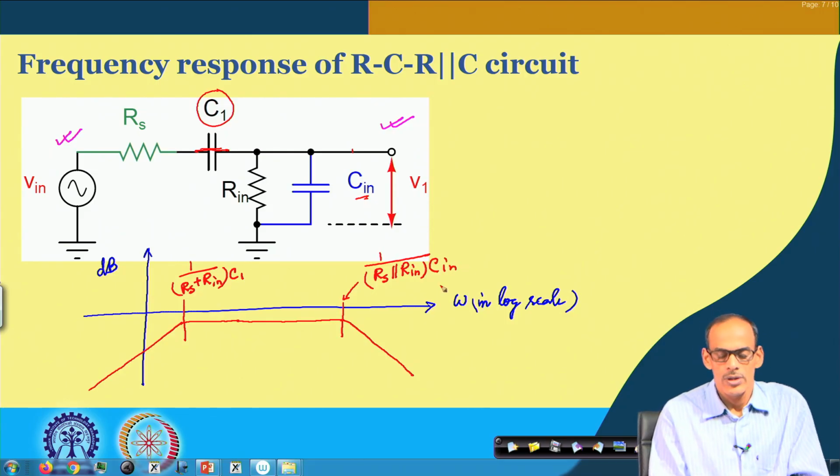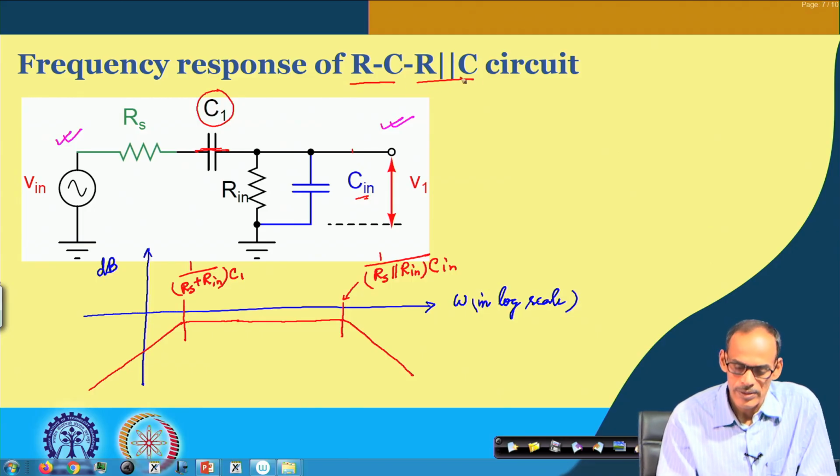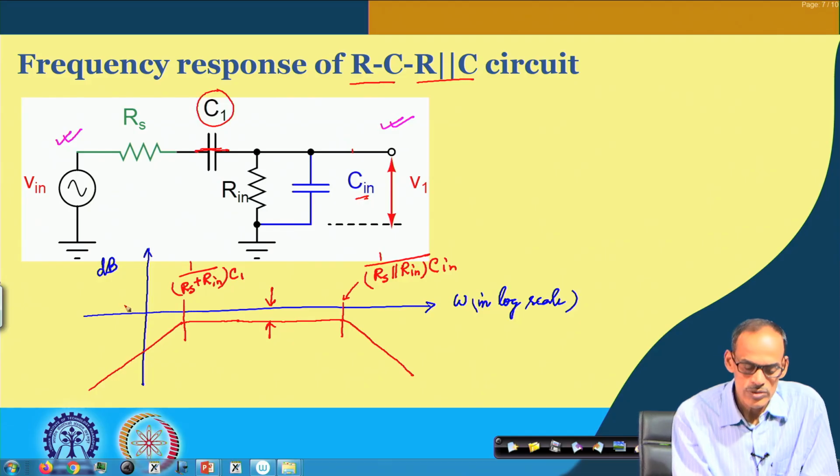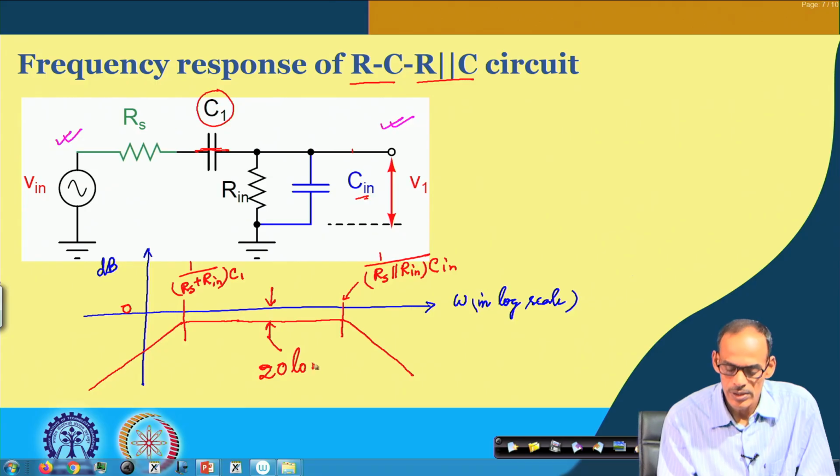So, that is the frequency response of an RC in series with a parallel connection of another RC, and this attenuation, we should say, is this value. So, this is the 0 dB level. This value will of course be coming negative, but let me write the expression: 20 log base 10 of R in divided by R in plus R s.